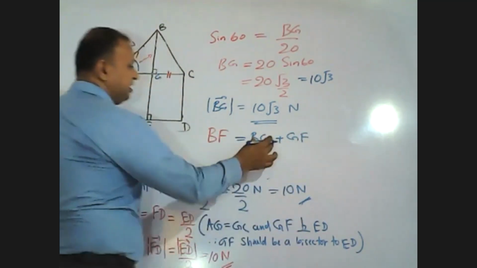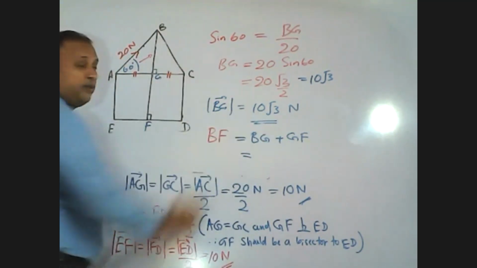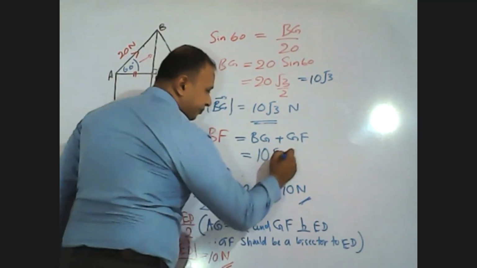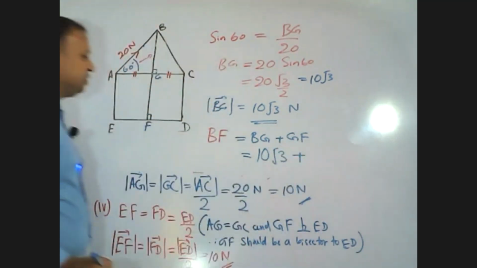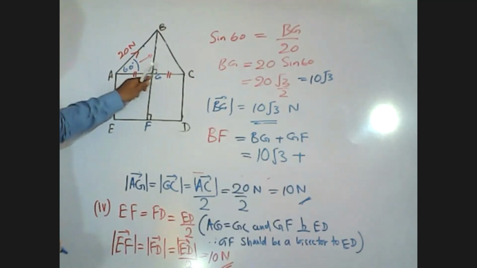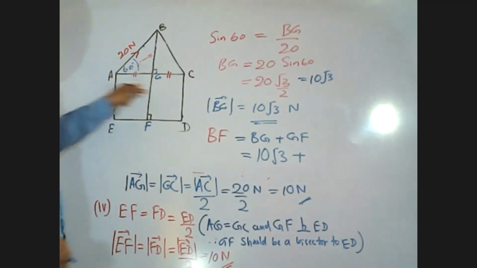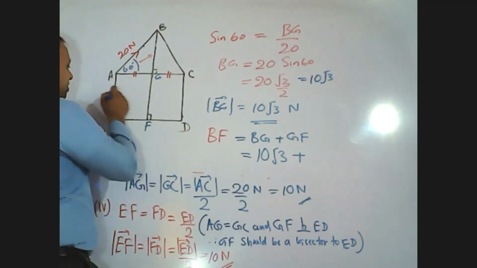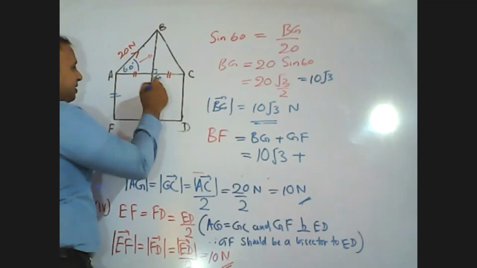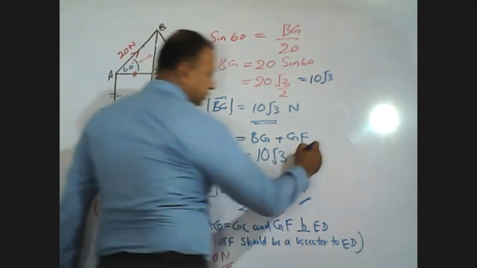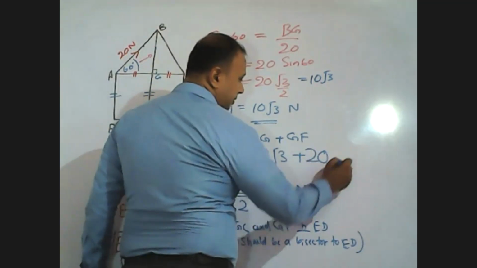That means 10 times root 3 plus GF. GF is equal to 20, no? Both are parallel to each other, so this side is equal to this side. That means 20.